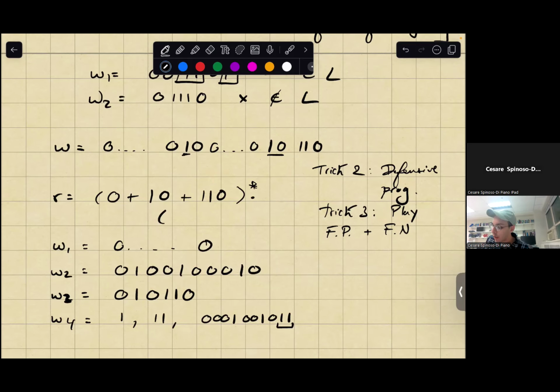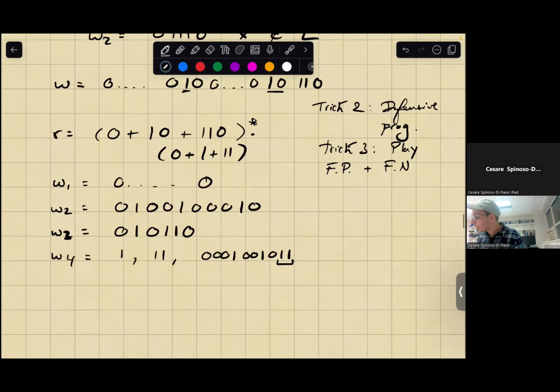I can have this safety matching, but when I see the final 0, I can either stop matching, or I can potentially have an extra 1 or 2 extra ones, okay? So that's just going to look like 0 or 1 or 1, okay? And this is the regular expression that recognizes this language.